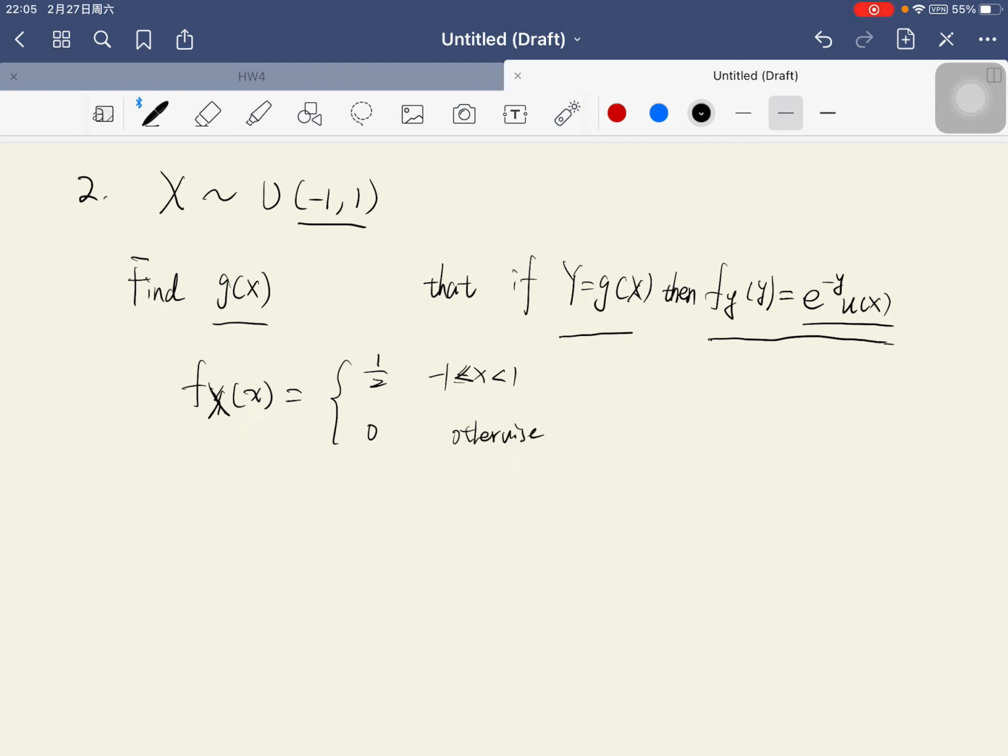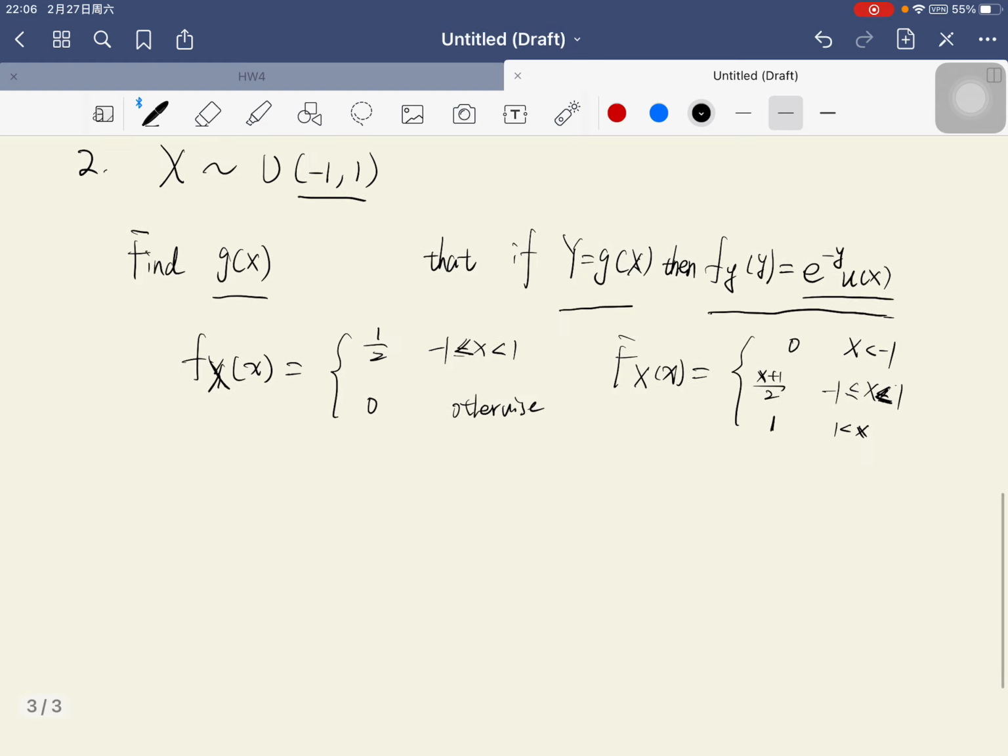And the distribution function of x is equal to 0 when x is below -1, equal to (x plus 1) over 2 when x is from -1 to 1, and equal to 1 when x is over 1.